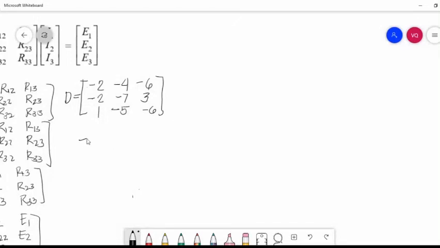So, this is equal to the sum of the products of the diagonal minus the sum of the products of the upward diagonal. Ito, nagpababa. Ito. Diyan. The other one, mamaya na yung isa.